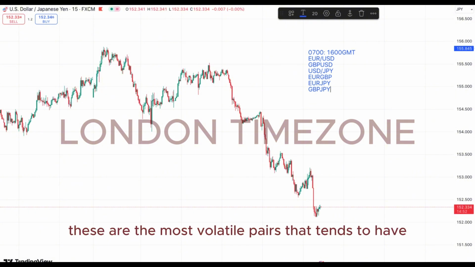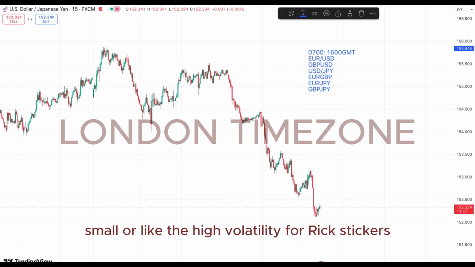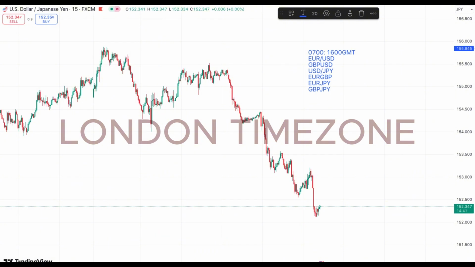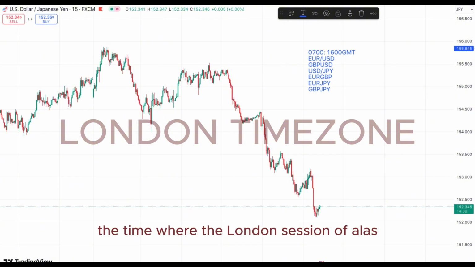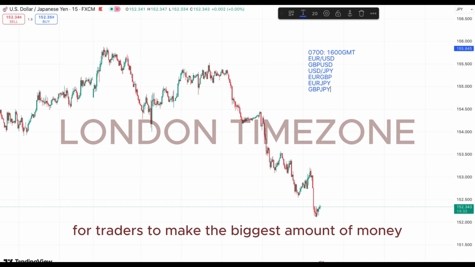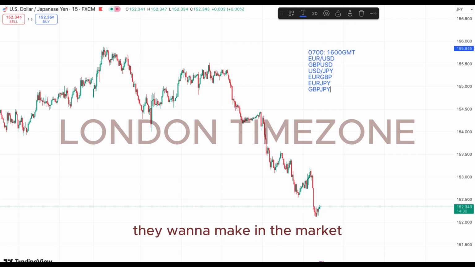These are the most volatile pairs, with high volatility for risk takers. And since the London session overlaps with the New York session, the time where they overlap tends to give the most advantageous time for traders to make the biggest amount of money they want to make in the market. And take note, the more you make, the more you can lose. So it depends on your risk management. Okay, we're not going into that for now.